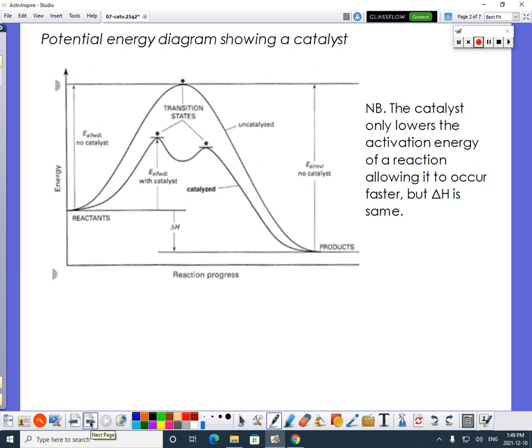So if you want, I can't photocopy, or sometimes it doesn't print in color. What I would do is, if you have some way to make it stand out a bit, the catalyzed pathway is the two hump one.